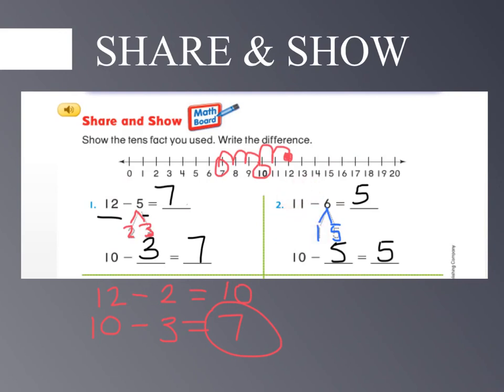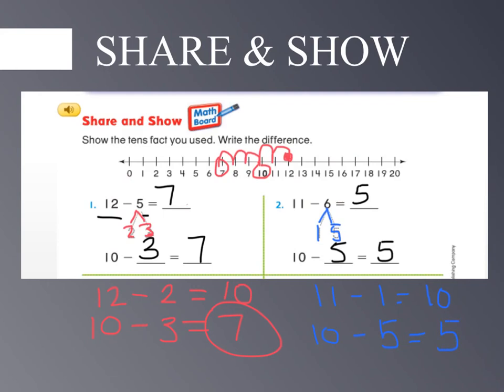And we made sure to use 1 and 5 as our fact. Now that we have 6 broken down into 1 and 5, let's solve. So 11 minus 1 equals 10. 10 minus 5 equals 5.